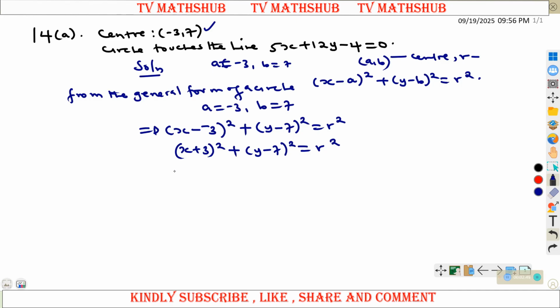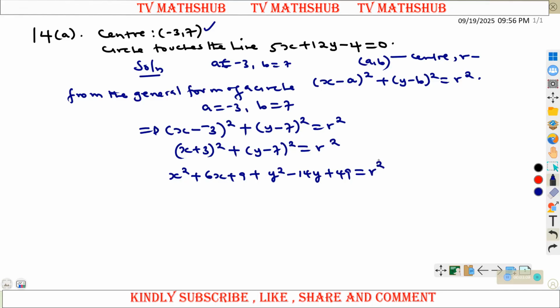So you can expand this and have x² + 6x + 9 + y² - 14y + 49 = r².